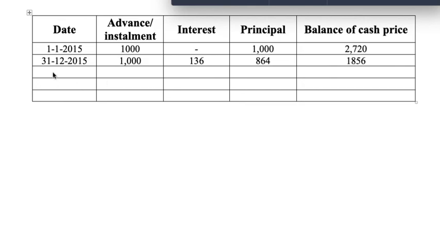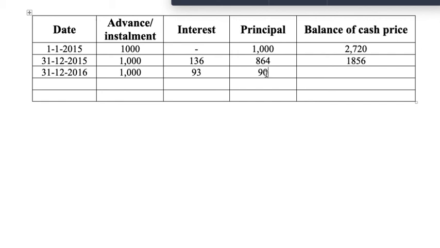Now the next installment, dated 31/12/2016, he has to pay 1000. Now here we have to calculate the interest first. Interest is on 1856. 1856 into 0.05 is 92.8, which, if we round it up, is 93 rupees. 1000 minus 93 is 907 rupees.